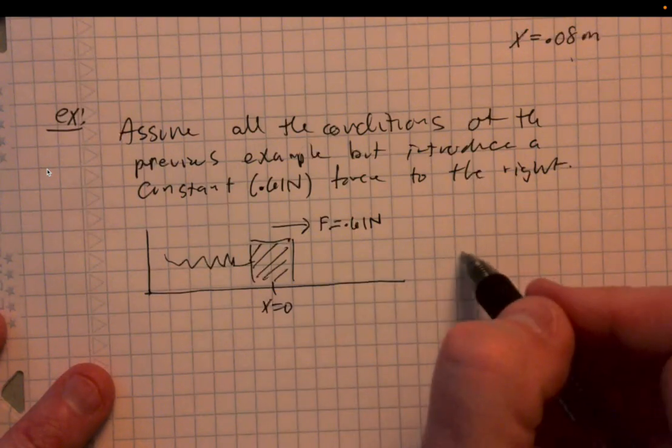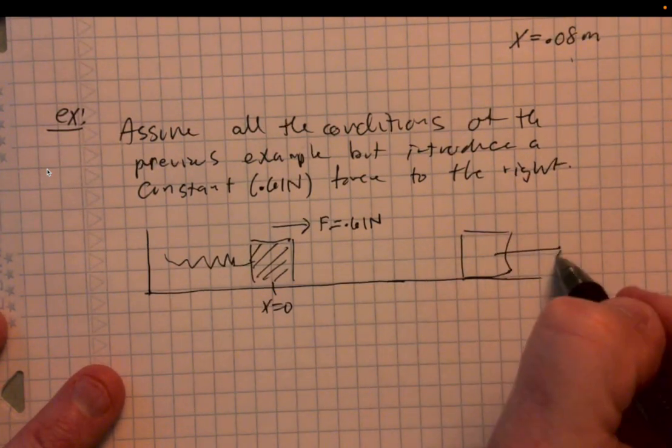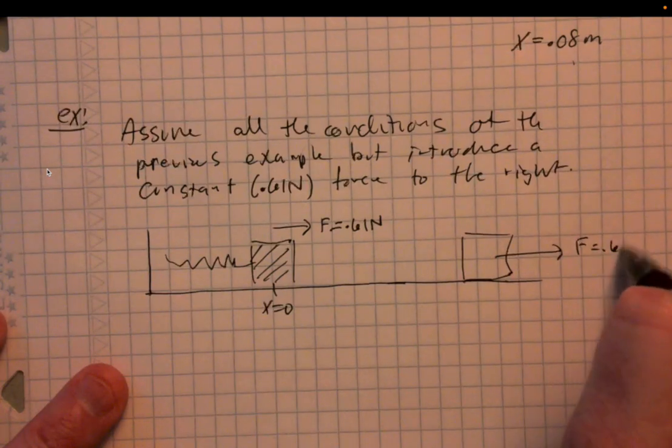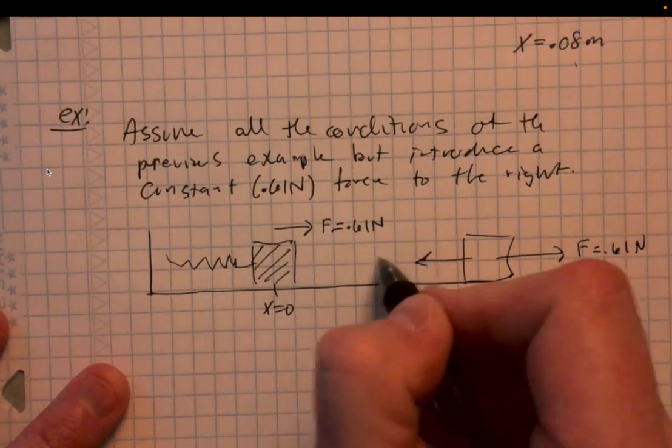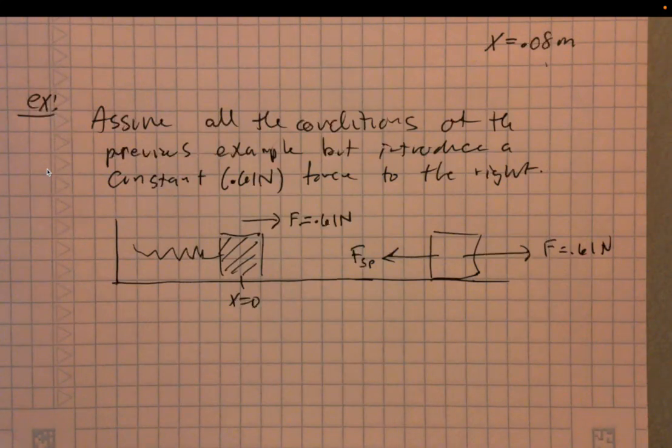So when it gets out here a ways, you've got 2 things acting on it. You've got the force, 0.61 newtons, and then you've got the spring force. And they're fighting it out here. I'm going to have this force be applied against the spring, stretching the spring to the right.